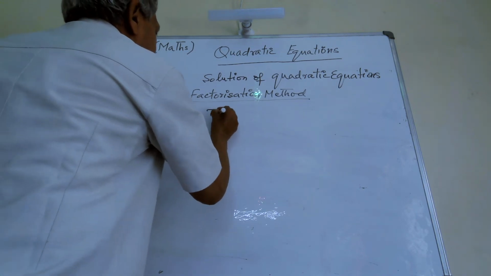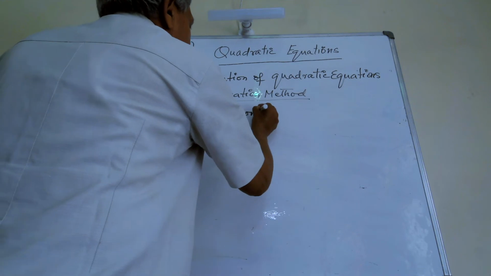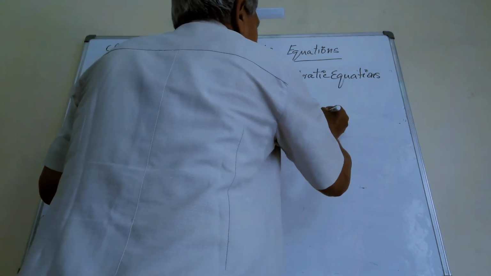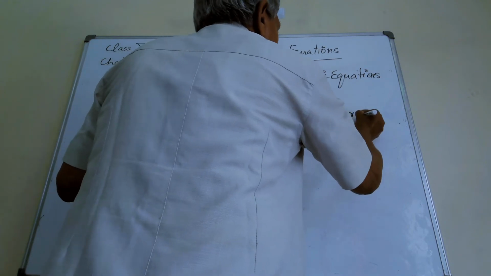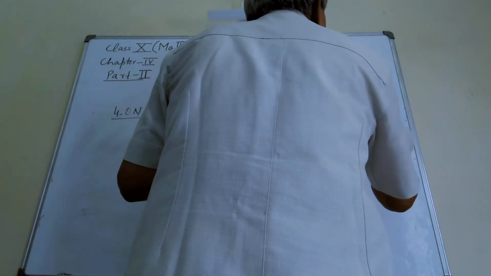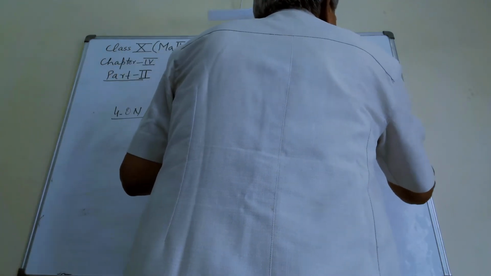Find two consecutive numbers. Consecutive numbers means continuous numbers.